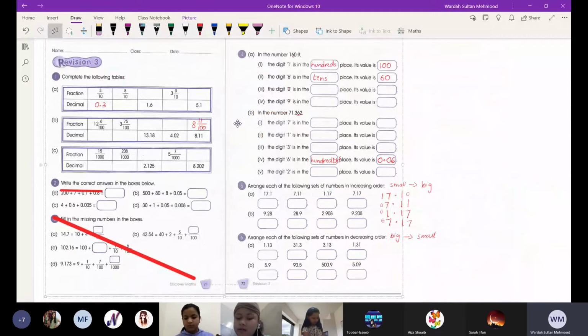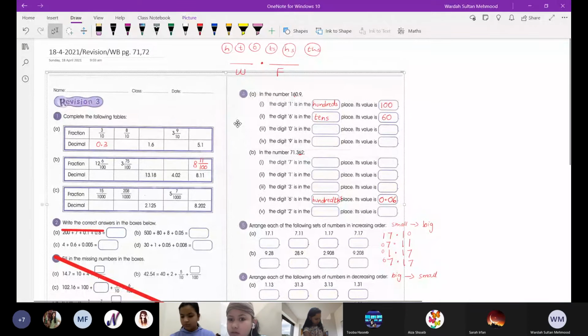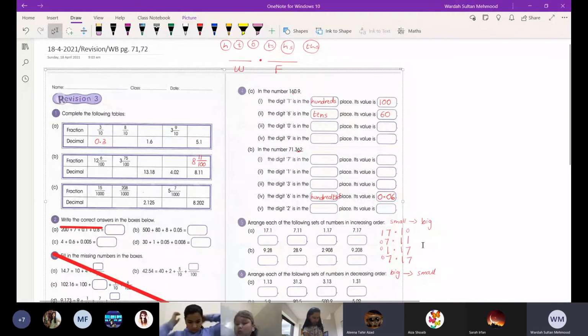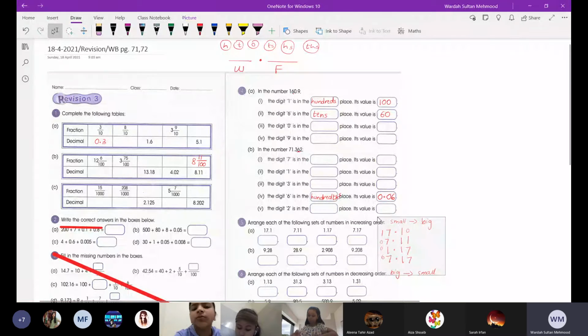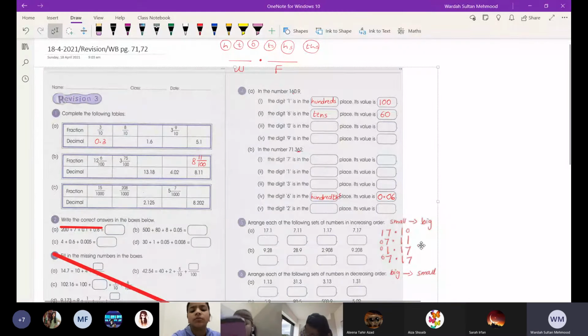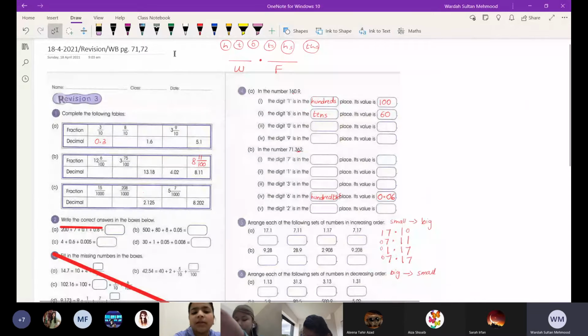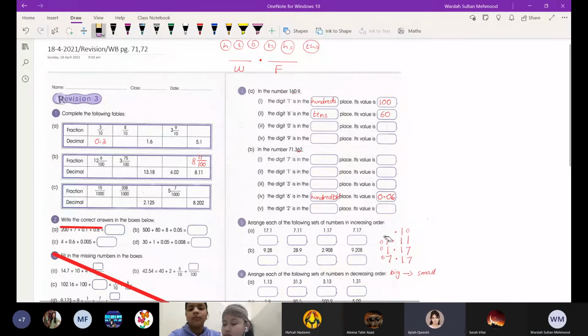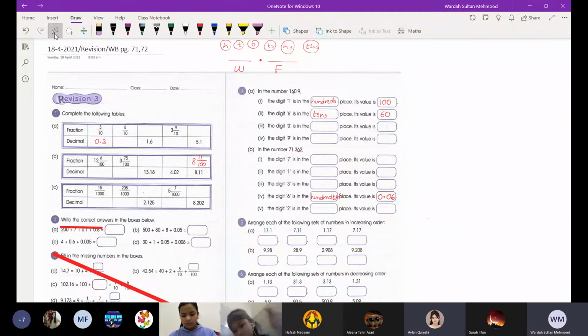Teacher, which page is it? 70 and 71. Do you have to do it till question 4 only? Question 4 only. If you have any confusion, please ask me, but you have to complete question number 4 in the class.